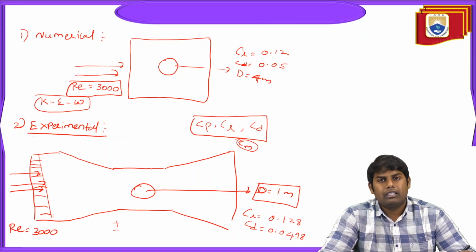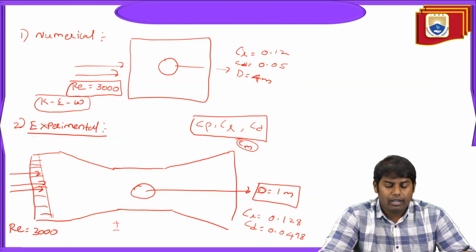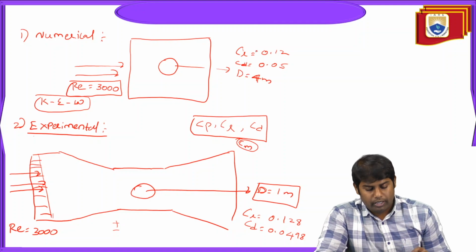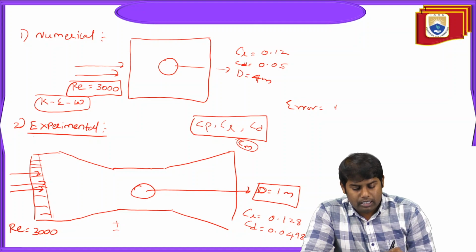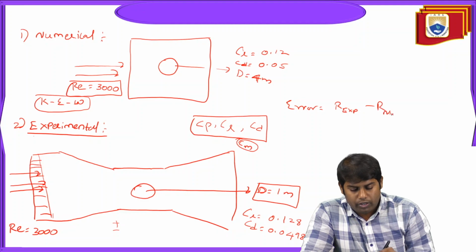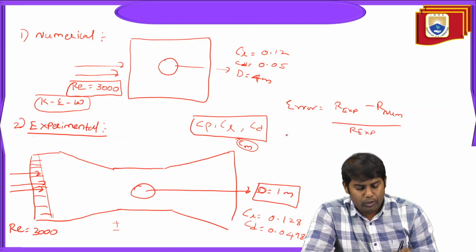Let's say we consider experimental results as the standard. When you compare with the experimental results, the error is nothing but the results of experimental minus results of numerical, divided by the result of experimental.